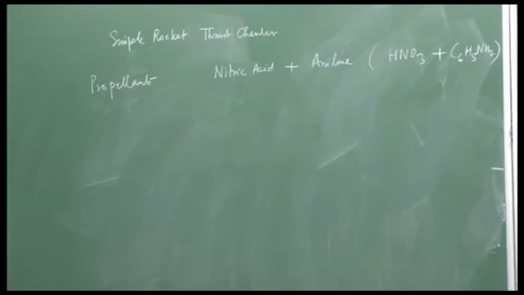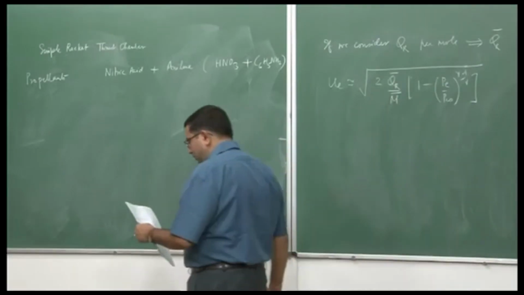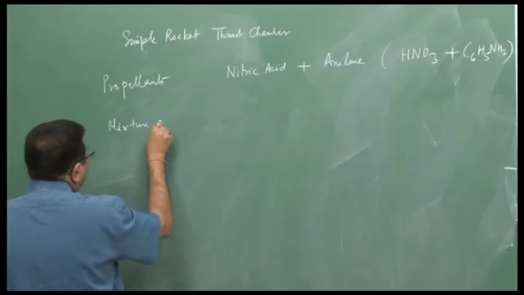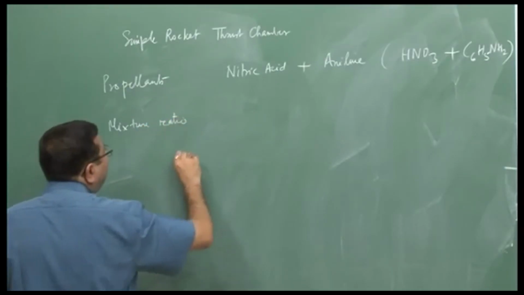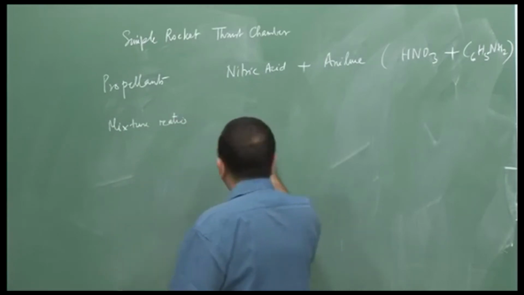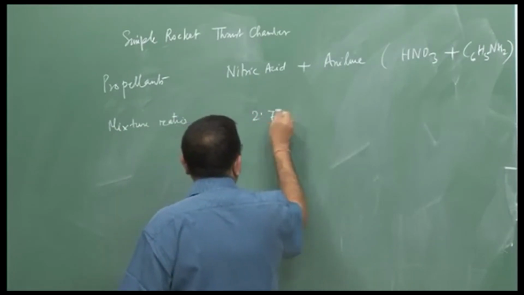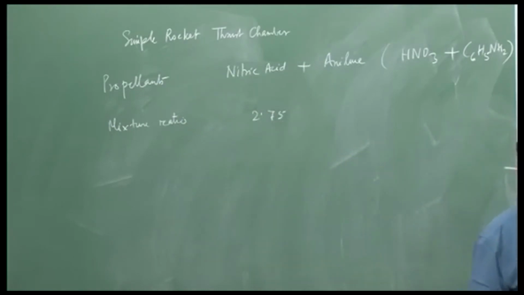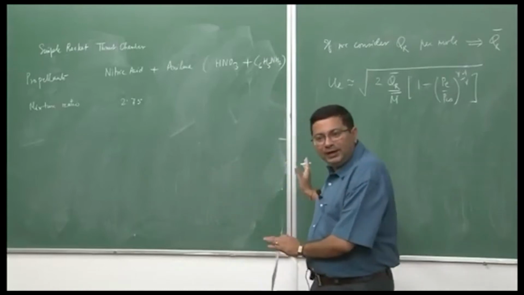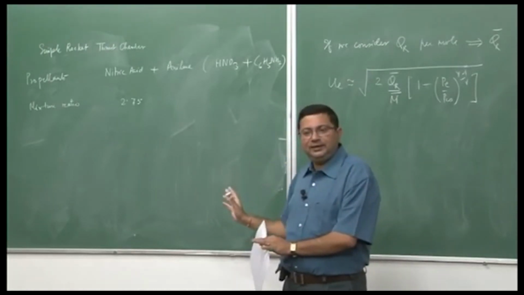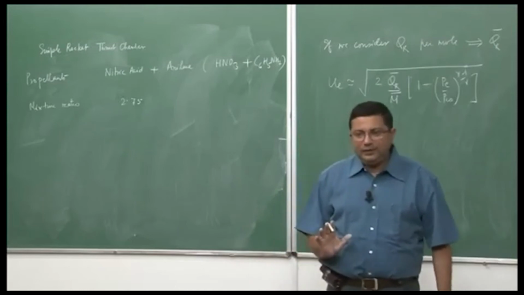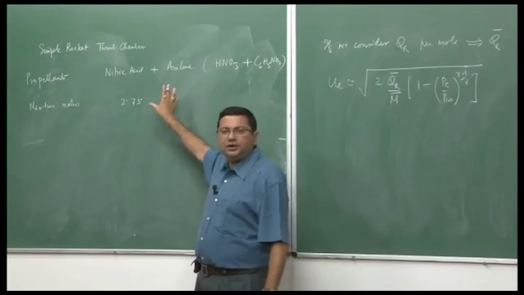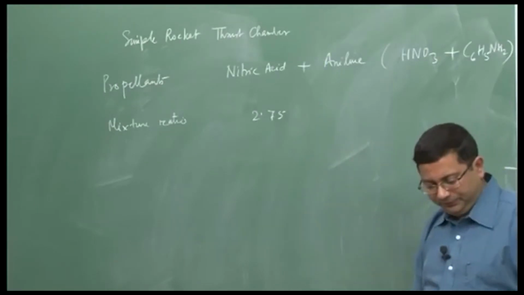These are the propellants that are used. Now, it is also said that the mixture ratio, that is the ratio of nitric acid and aniline, is equal to 2.75. At present this information we will not need, because that will go into the chemical composition and chemical analysis. Here we are not doing the thermochemical analysis. So, we will not need this information, but for the completeness of the problem we are providing that.